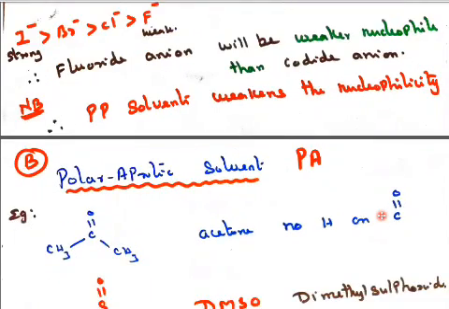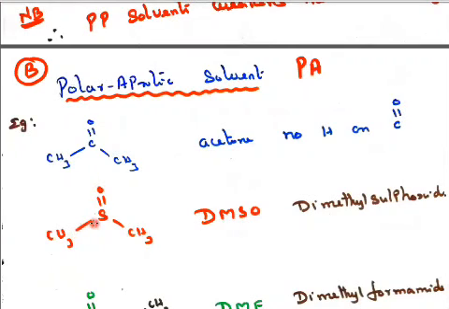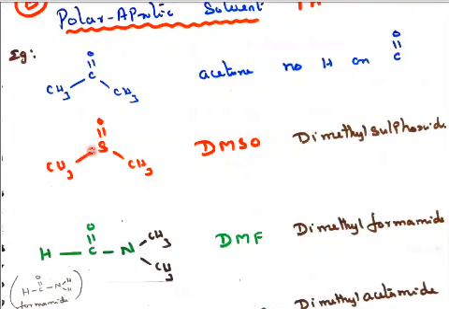Polar aprotic, let us see. Here in acetone, I said there is no hydrogen on the C=O bond. Here instead it is S=O, which is called dimethyl sulfoxide. Two methyl groups on sulfur with oxygen is called sulfoxide. Instead of carbon, I have substituted sulfur, so it is called sulfoxide.